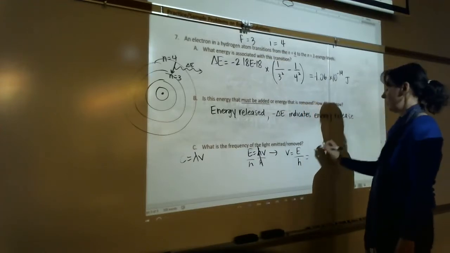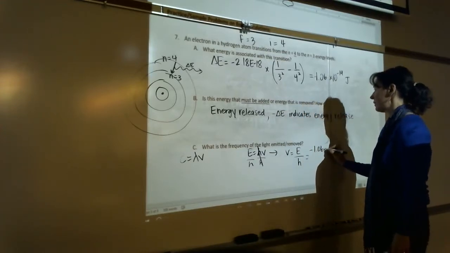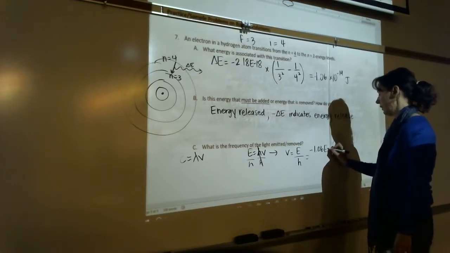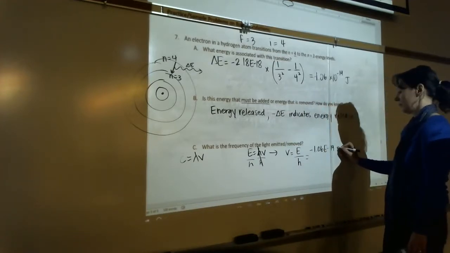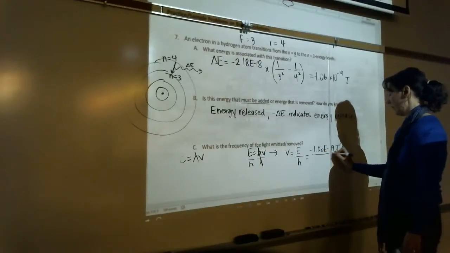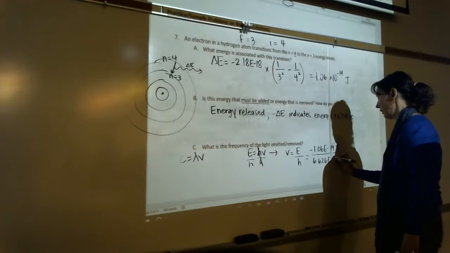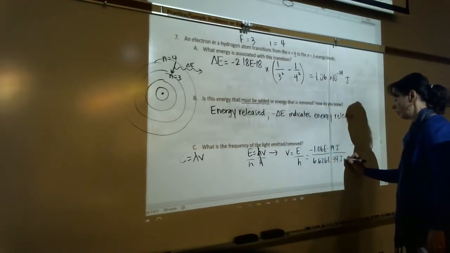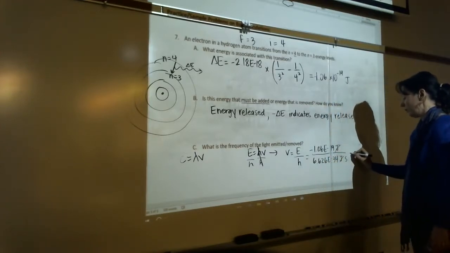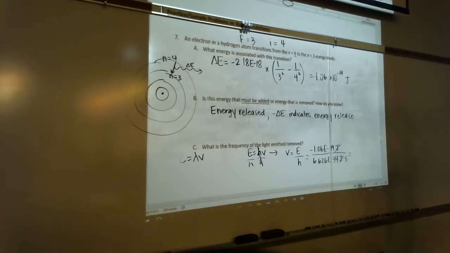So we take our value, negative 1.06 times 10 to the negative 19th joules. Divide that by 6.626 times 10 to the negative 34th joule seconds. Joules goes away. We're left with units of seconds, which is the unit of frequency. So 1.06 times 10 to the negative 19th divided by 6.626 times 10 to the negative 34th.